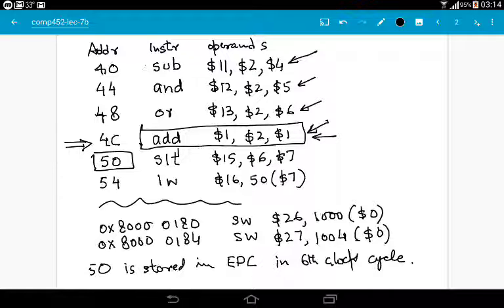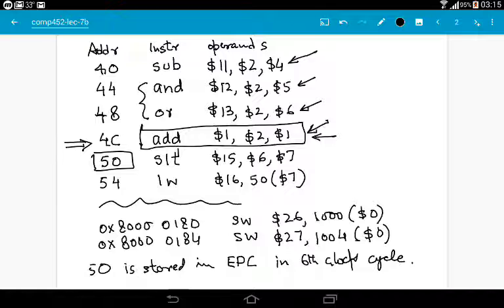None of the others has anything to do with arithmetic overflow. Oh, actually, I'm sorry, subtraction can have an overflow, but AND and OR do not, because these are logical operations, not arithmetic ones.